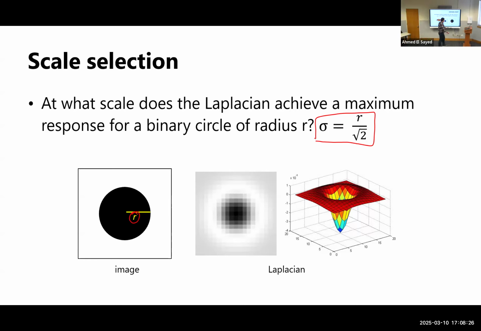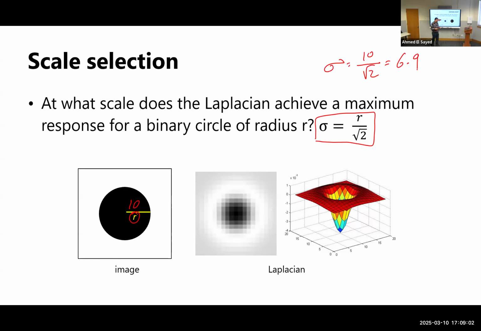Okay, let's take a practical example. So assume these are equal 10 pixels. In this case, the value of sigma would be what? 10 over square root of 2 equal what? Can someone calculate it? Equal? 6.9. Okay.